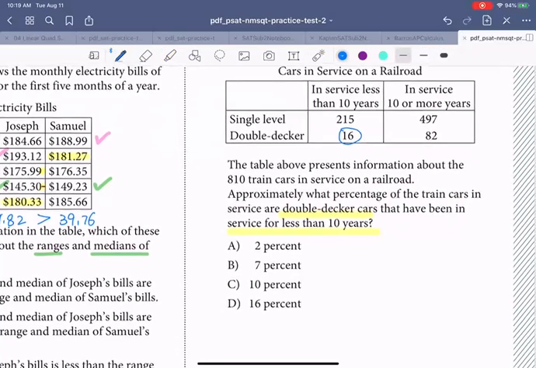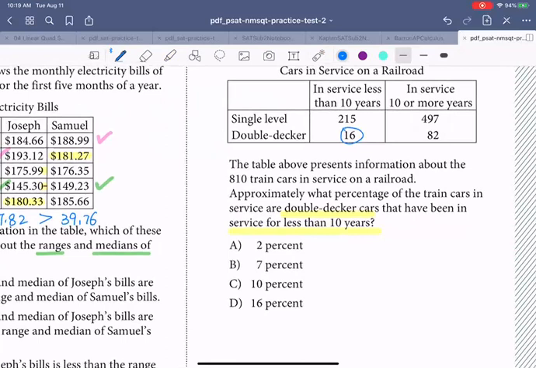So this is asking you, those cars are in service less than 10 years. So 16 is on the top. Double deck cars, so it's over 16 plus 82. This is about 16%. Does this make sense to you?